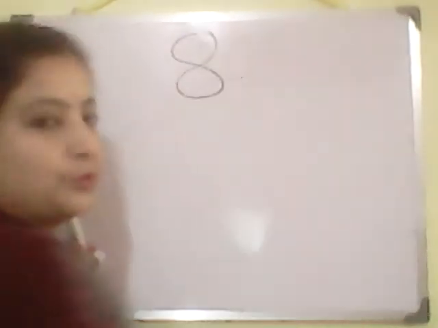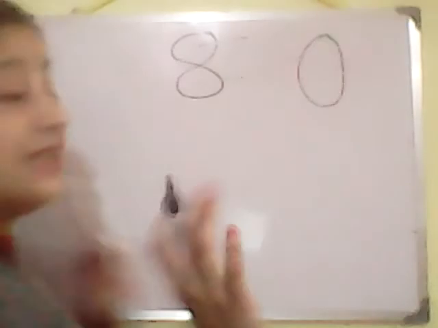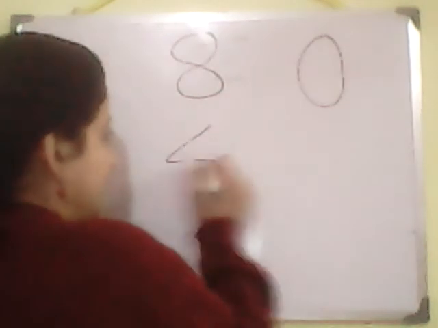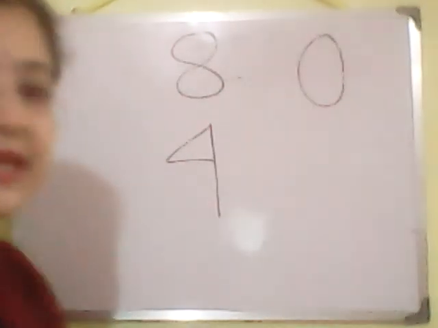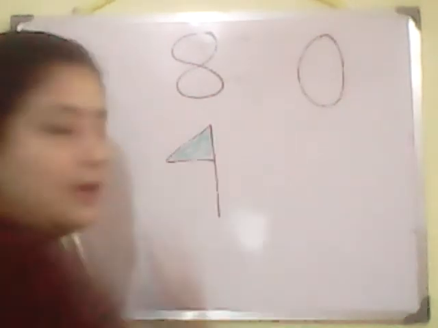And now we can check it with numbers and letters. First we are checking with numbers, like the number 8. 8 is totally bounded. One portion and another portion, but it is totally bounded. In the case of 0, it is also bounded. But in the case of 4, this area is bounded.